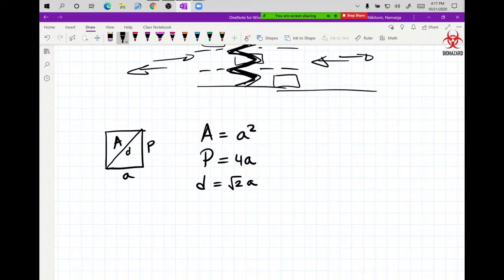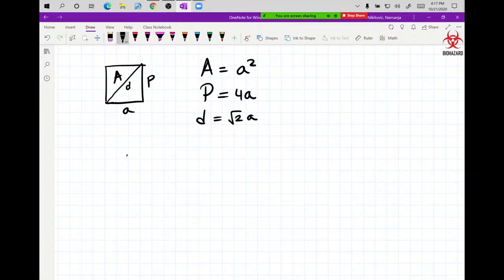Now, what I can do is say that all of these change with respect to time, because the length of one of the sides is growing, right? So if I take this formula for area and take the derivative with respect to time, because the length of the side and the area grow with time, right? It's not instant.